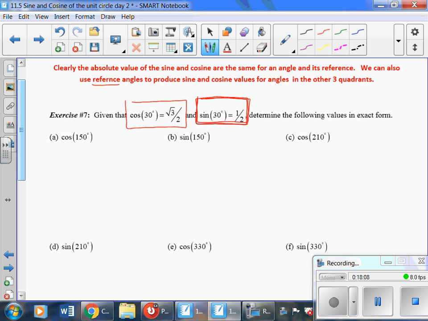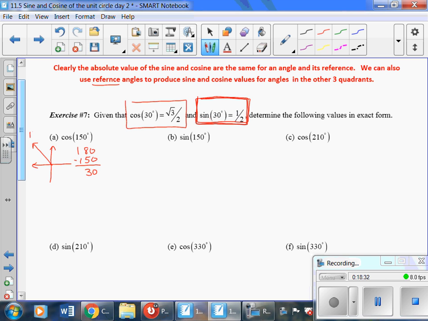So the cosine of 150. The first thing we have to determine is what the reference angle is. I always do a little diagram here. 150 falls between 90, which is here, and 180, which is here. So to find the reference angle, I'm going to do 180 take away 150, so my reference angle is 30.